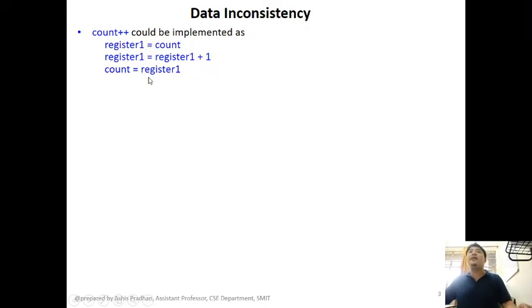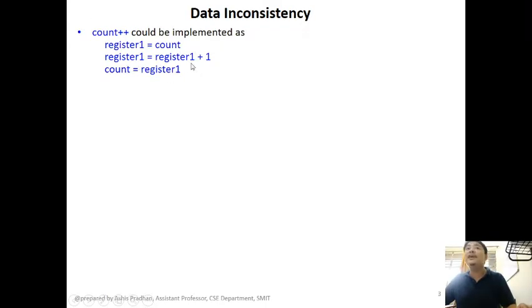Then the reflection will be made to the memory location with the help of this third statement. Until this third statement is executed, the reflection will not be made in the memory. Say, for example, the initial count value is 5, so 5 will be loaded into register 1, and after that the operation takes place in the register, not the memory location.